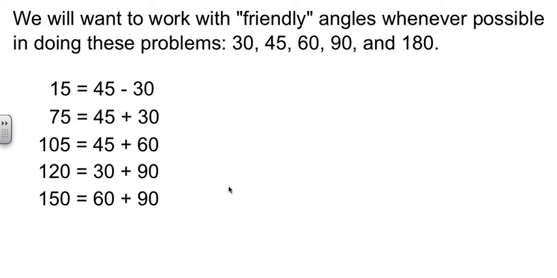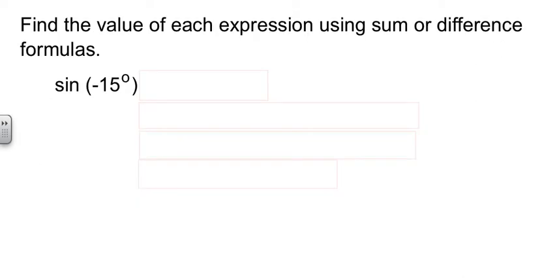Okay, the trick is you have to look at these friendly numbers up here and see how can you use a couple of these numbers to generate the number you're going to work on. And we like those values because they keep coming up, so we have an advantage on trying to solve things with them. So let's see if we can find sine of negative 15 degrees.